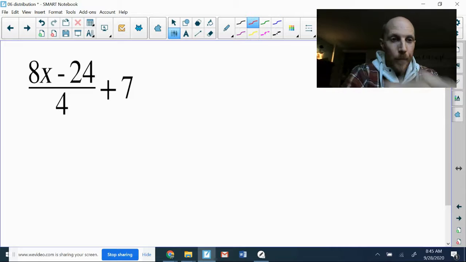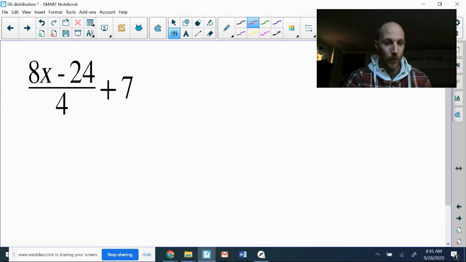Okay, so here's what I need to do. I need to take everything that is on the top of the division problem, the 8x minus 24, both parts, the 8x and the minus 24, are going to have to be divided by 4. Okay, so there are not parentheses here. Parentheses are just a symbol that we use for grouping things together, right? Like a Ziploc bag and the packs of gum. So sometimes there are other ways that we can write things in a number sentence, an algebra expression that also mean grouping.